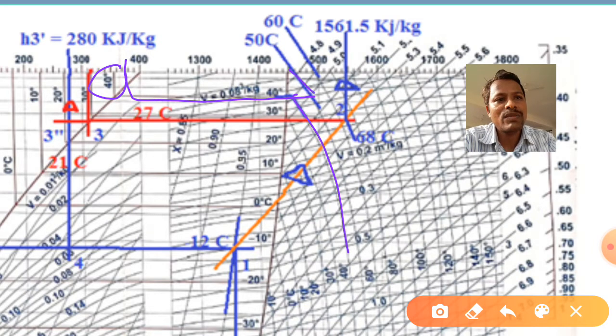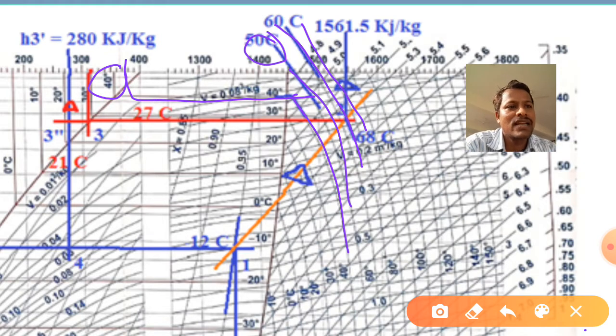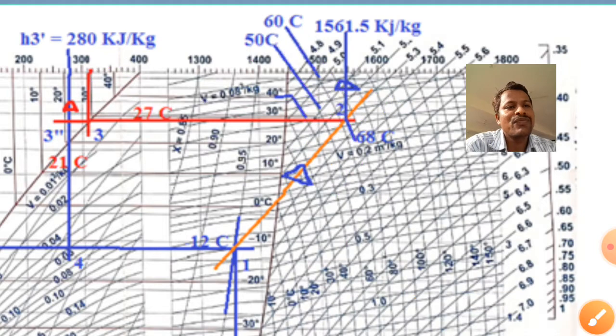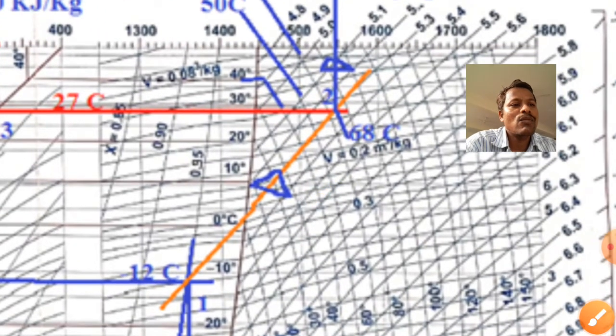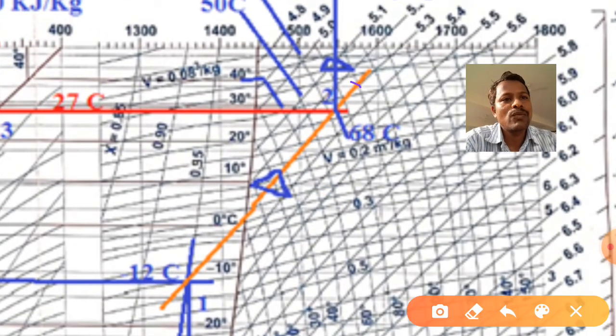Similarly, the next line is the 50 degrees Celsius line. Next line must be the 60 degrees Celsius line, and next to that must be the 70 degrees Celsius line. As I am moving in this direction, temperature is increasing. So now exactly at point 2, what is the temperature? The temperature is 68 degrees Celsius.